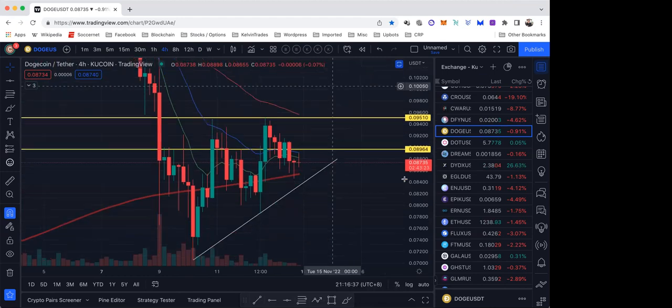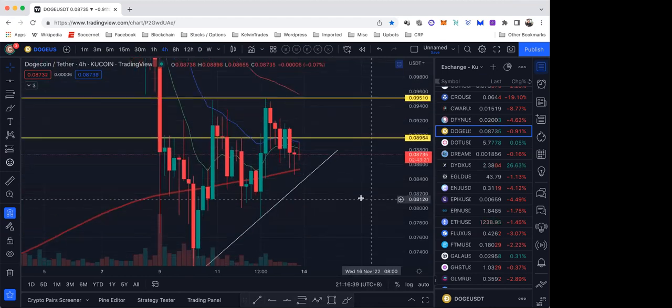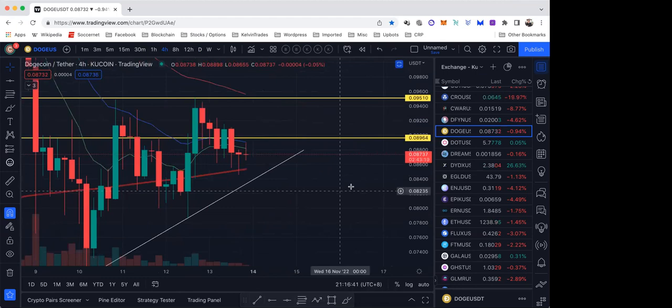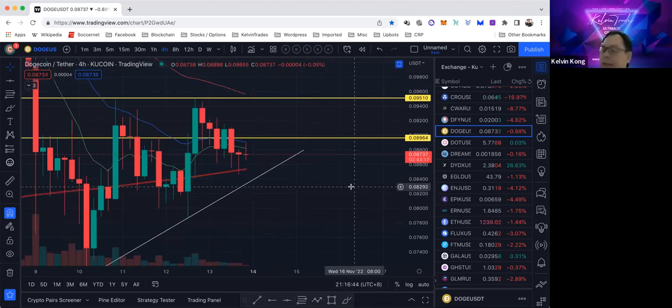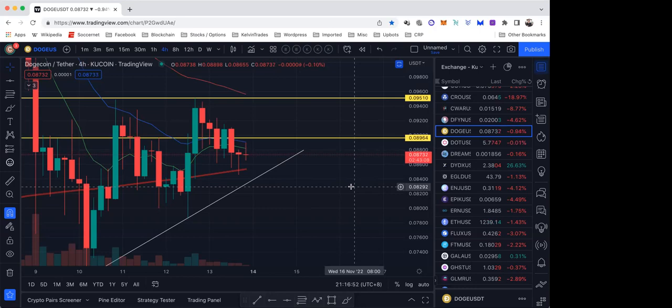That's what I can see. But the RSI and the MACD, I need to see them yet. Just look at the chart first. I think I will wait.